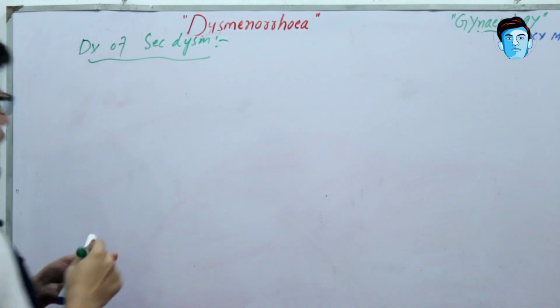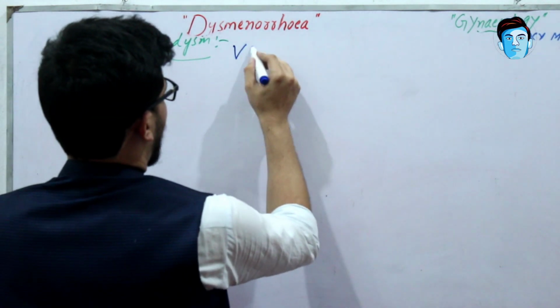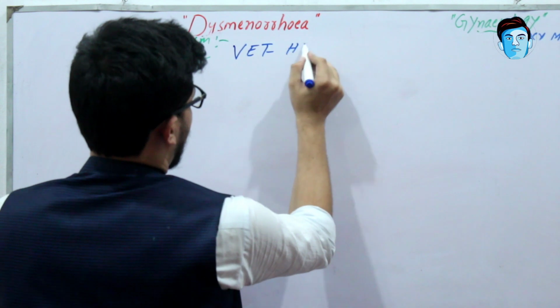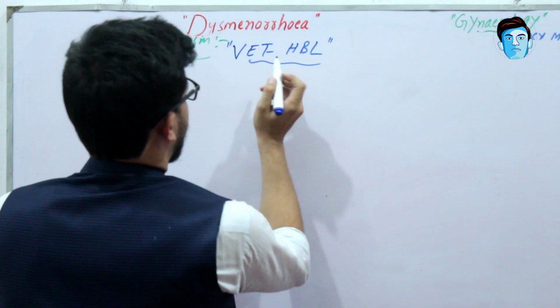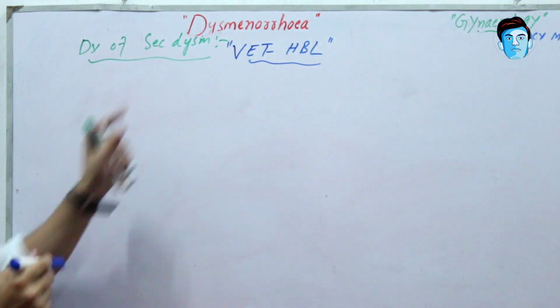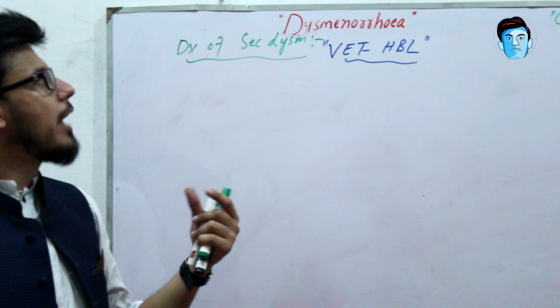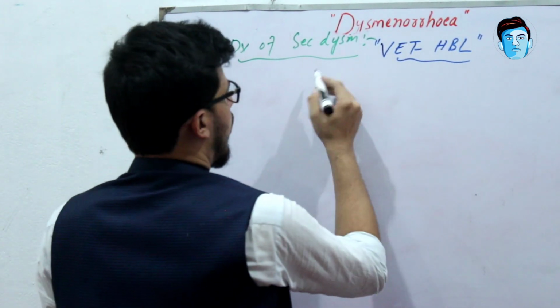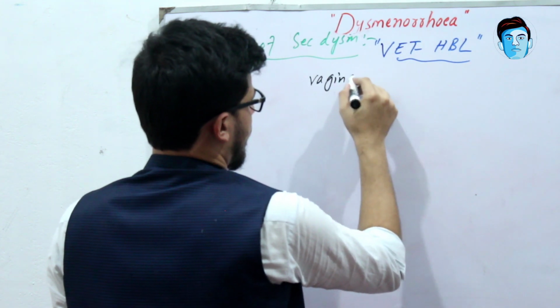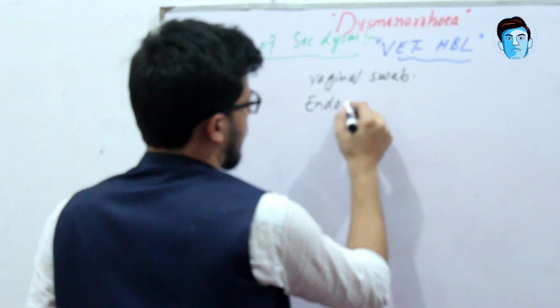In order to diagnose it, there is a trick, that is WET HBL. Just learn the trick for the diagnosis, where every single alphabet shows one of the diagnostic criteria for the secondary dysmenorrhea. V stands for the vaginal swab and E stands for endocervical swab.